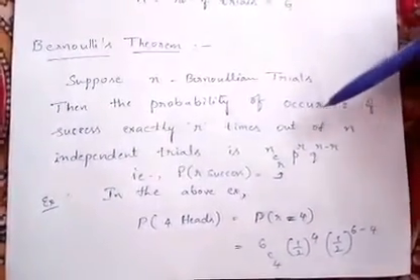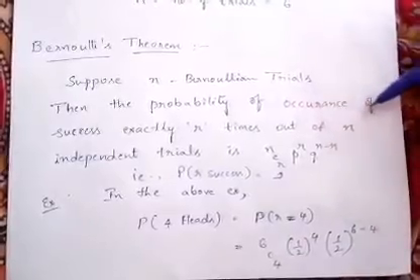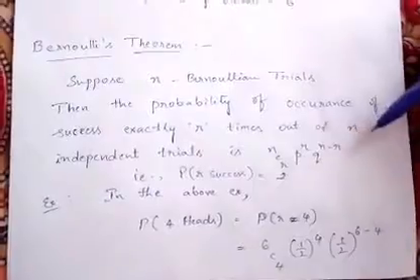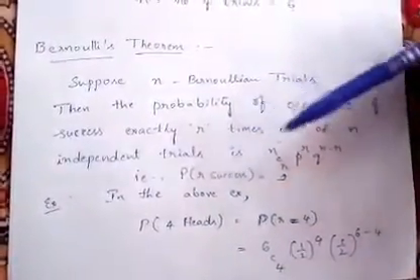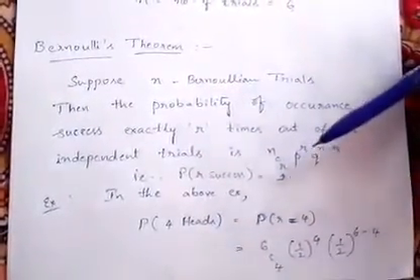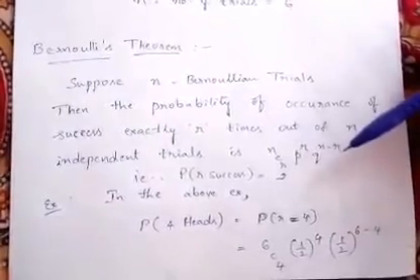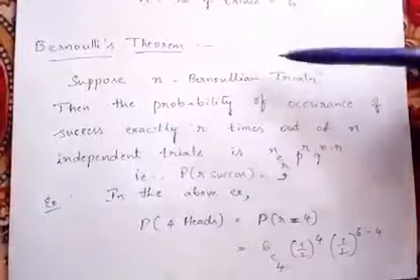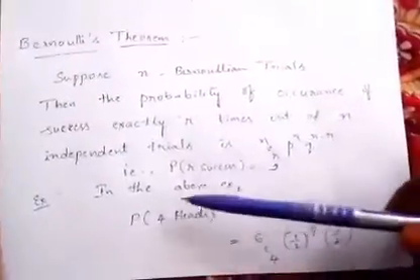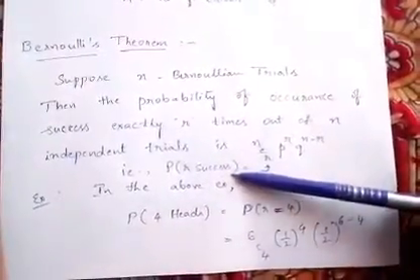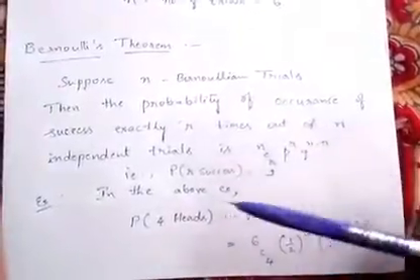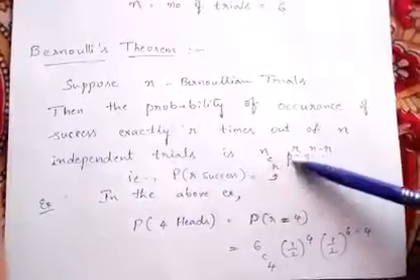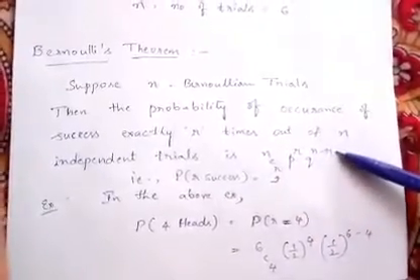Then the probability of exactly r successes out of n independent trials is nCr p^r q^(n-r).